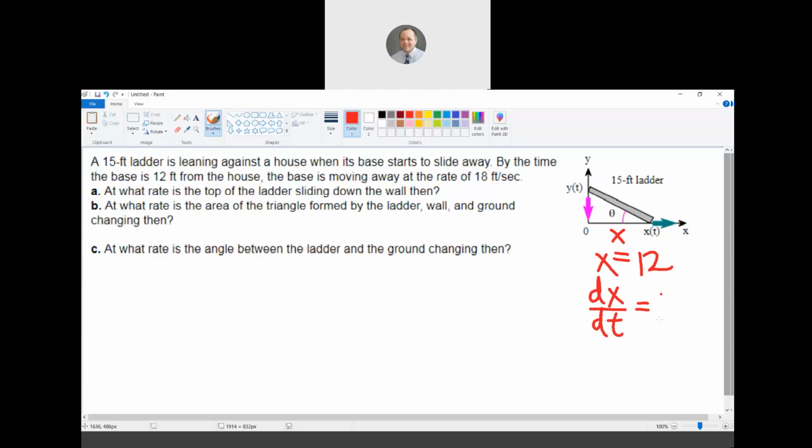So that's 18. At what rate is the top of the ladder sliding down the wall? So for part A, we're looking for the rate that y is sliding with respect to time. So dy over dt is what we're looking for in part A.